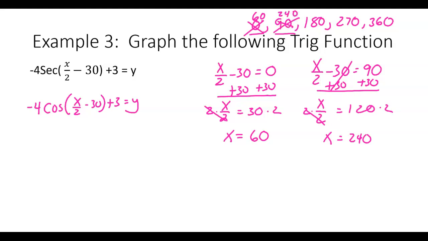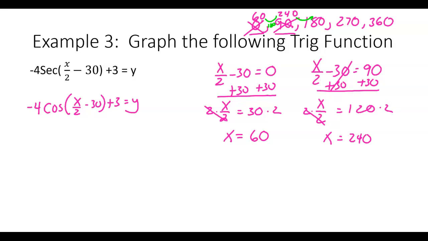Now, we could keep doing that to find the rest of them. But I told you there's a faster way to do it, and that's just by following the pattern. These angles are always going to be the same space apart. So how far apart is 60 and 240? If you take 240 away 60, you get 180. So these angles are 180 degrees apart. If you just add 180, you'll get to the next one.